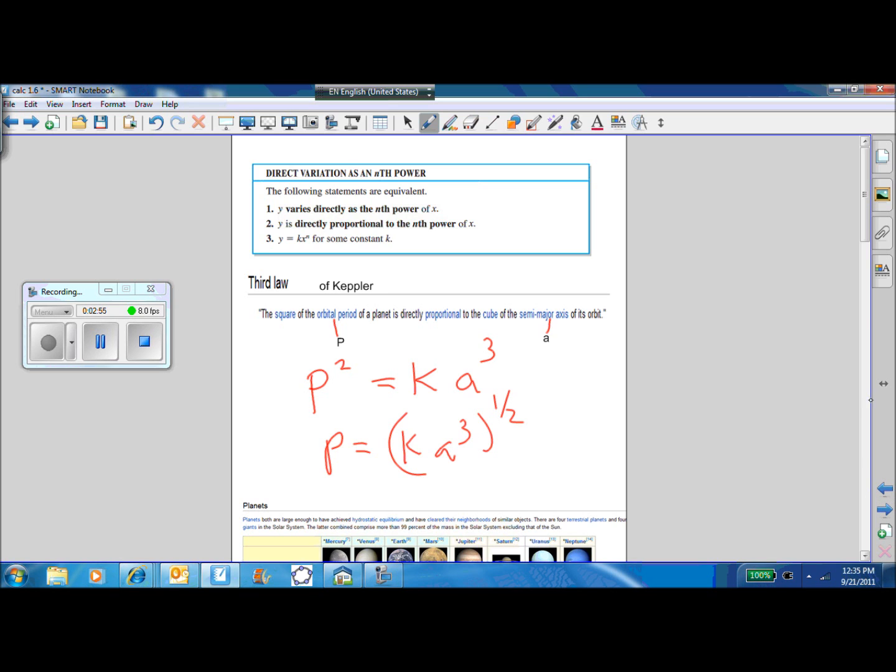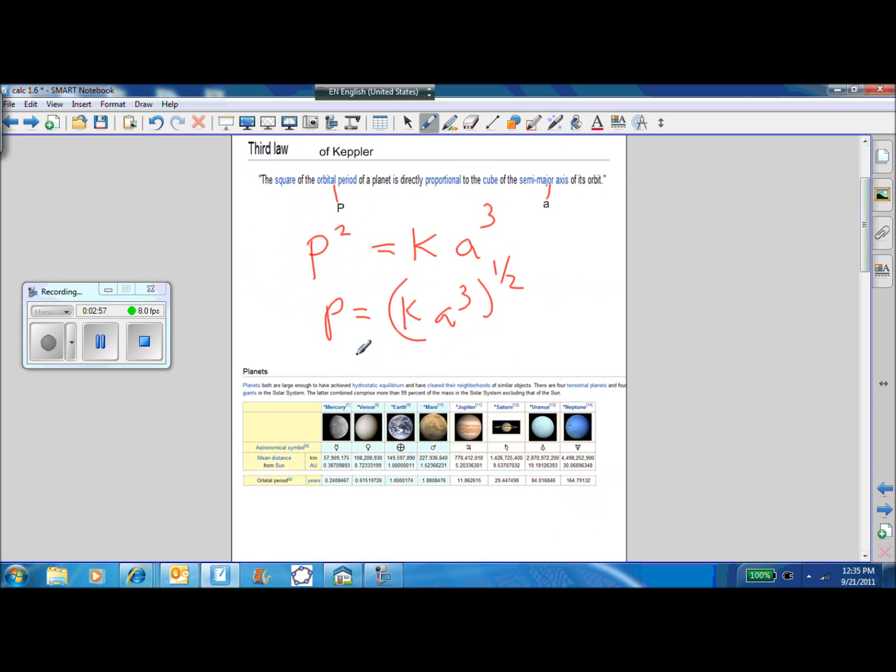So now we can look at it as one power on P. So P equals, we can call it some new constant, Q times a to the 3/2. I could write K to the 1/2, the square root of K, but I can just use a new constant here. And you get this idea that P equals some constant times a to the 3/2. The period is directly proportional to the 3/2 power of the orbit.